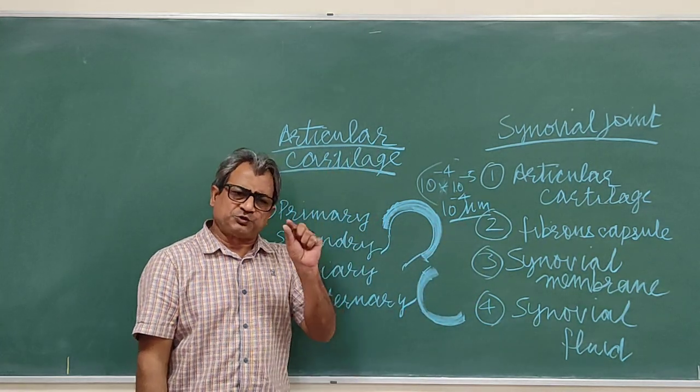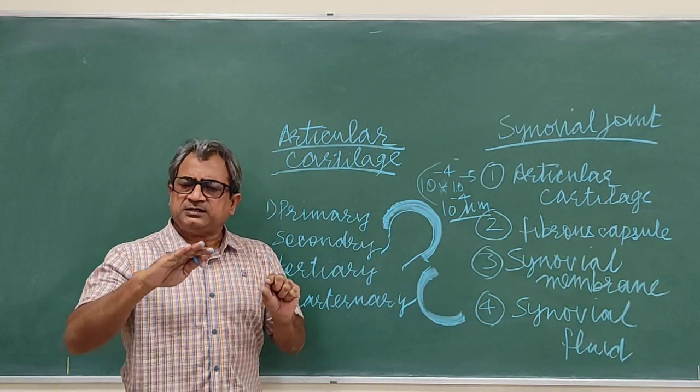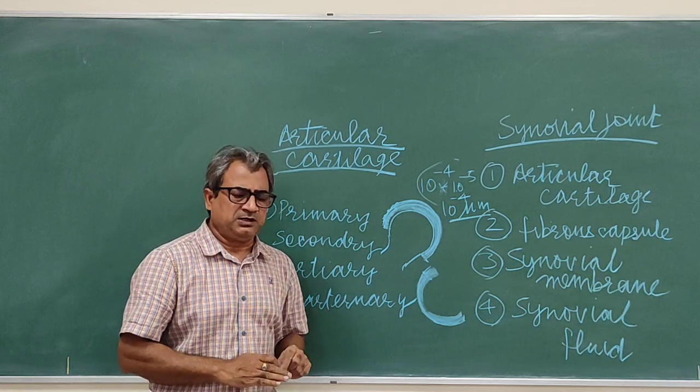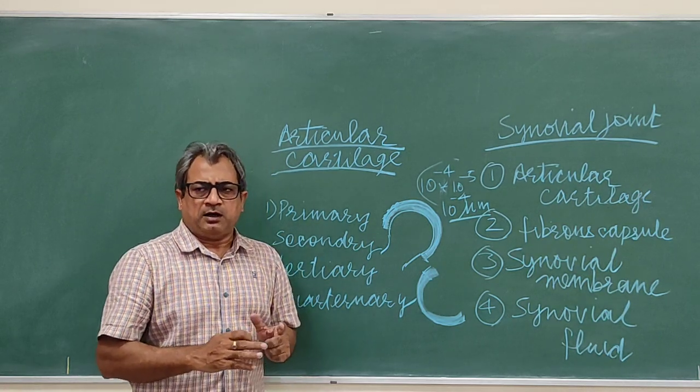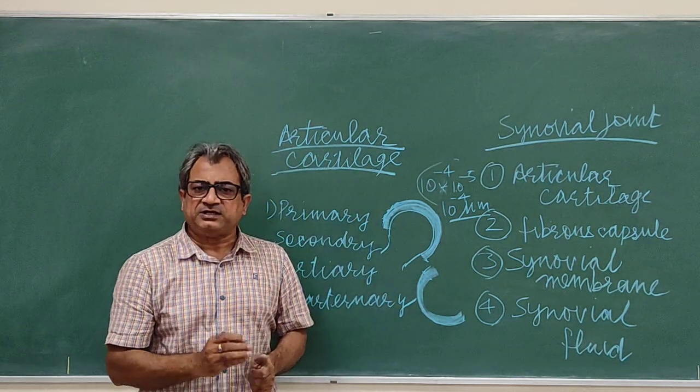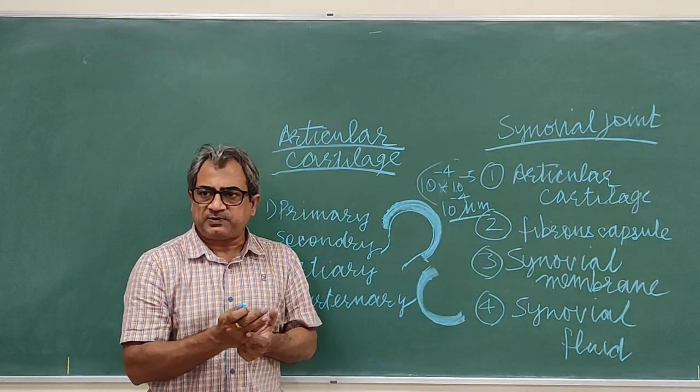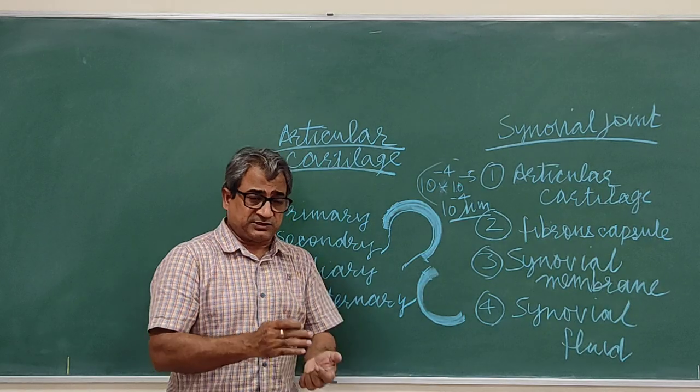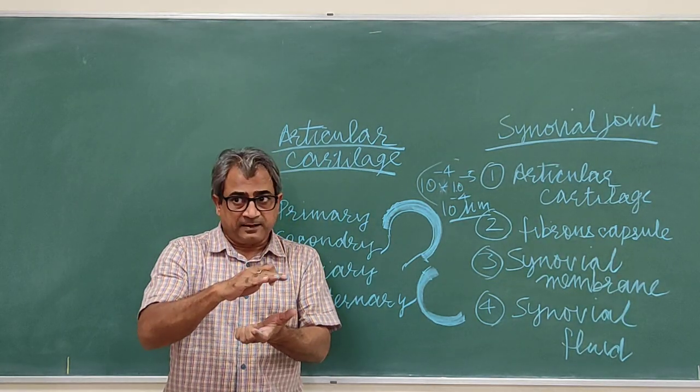It is so small. This wave-like pattern which is present is very small. The assumption is that within these troughs a small amount of synovial fluid is present, and this cartilage is slightly elastic, right?